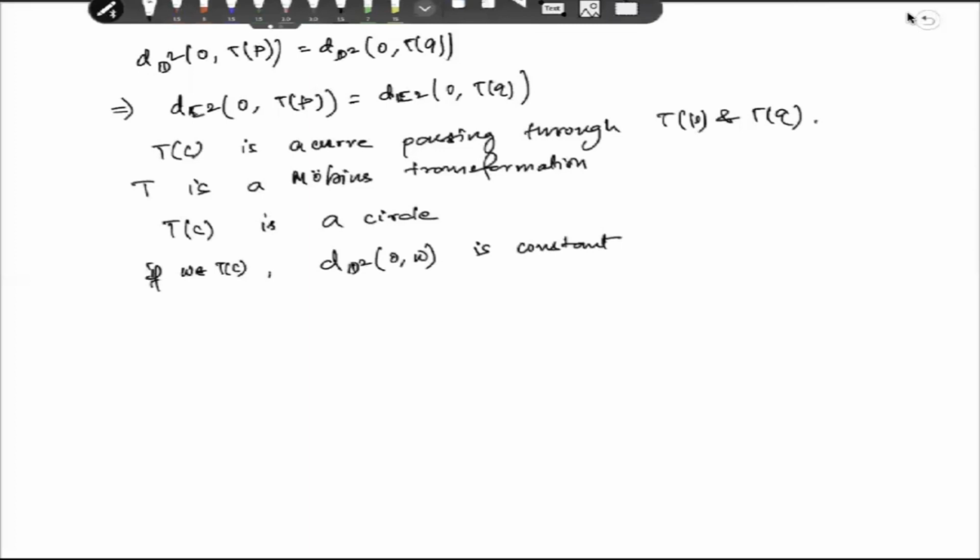So we have proved that this T of C is a Euclidean circle, and if I take any point W on the circle, the distance of the origin to that point is again constant. This we have seen in the last lecture. Therefore, this will imply that T of C is also a hyperbolic circle.